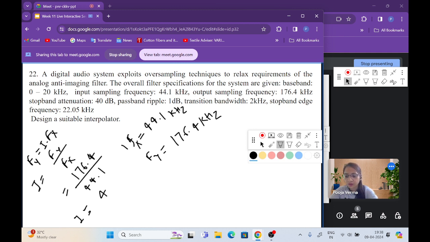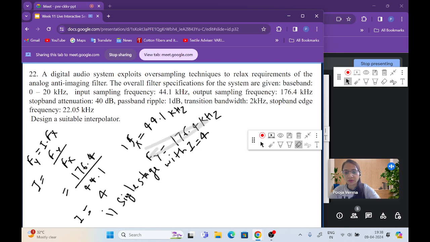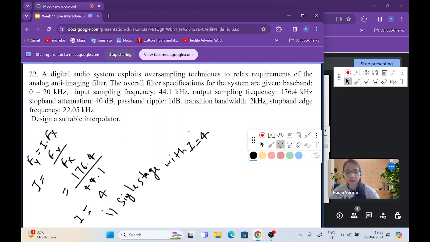If we want to design a single stage, the first one is a single stage with I equal to 4.